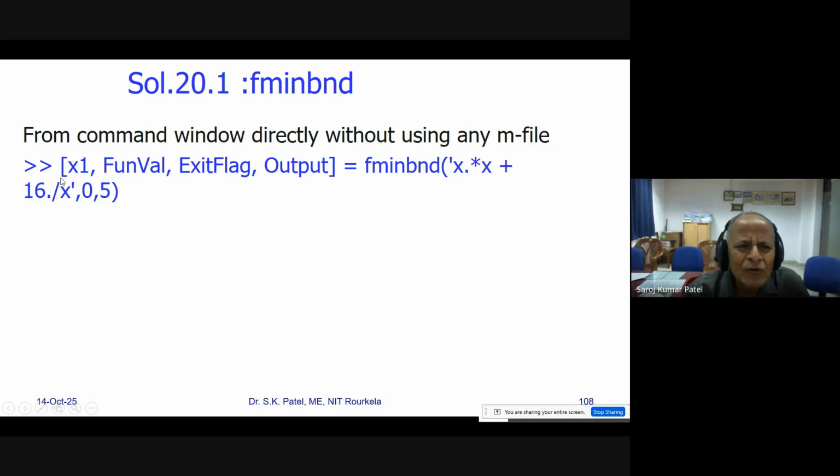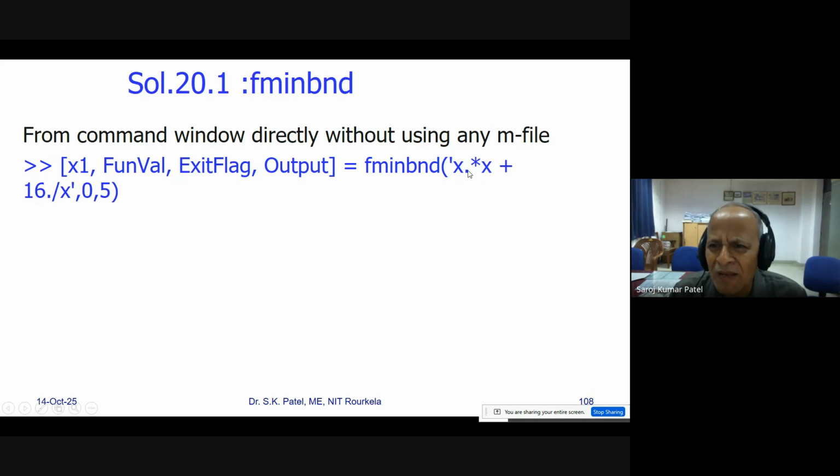Square bracket open, x1, comma, fval, comma, exitflag, comma, output, bracket close, is equal to this fminbnd, the subroutine name, bracket open, then write your objective function.